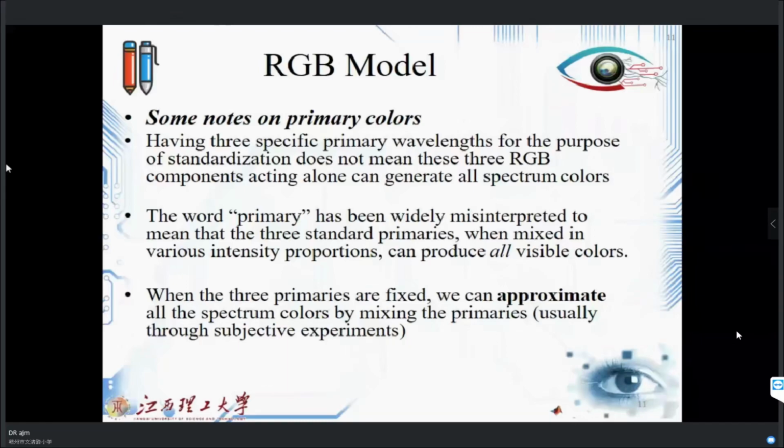What we know as the primaries has been widely misinterpreted to mean that the three standard primaries, when mixed in various intensity proportions, can produce all visible colors. We should remember that color with intensity has meaning, and the mixture of them will create new colors for us. When the three primaries are fixed, we can approximate all the spectrum colors by mixing the primaries, usually through subjective experiments also.